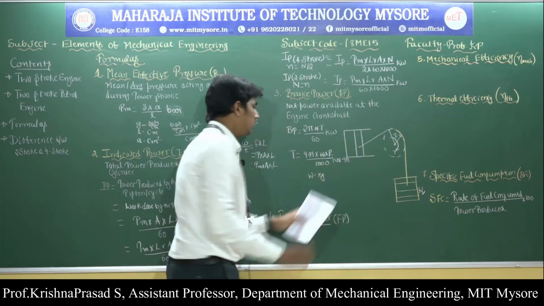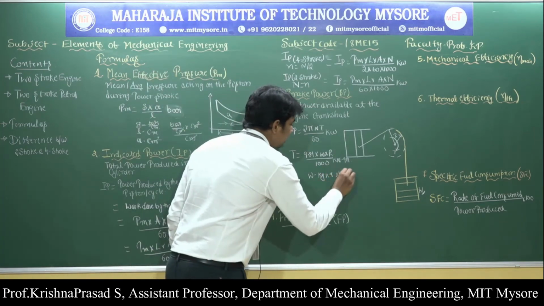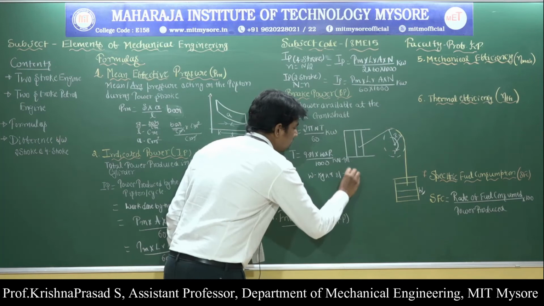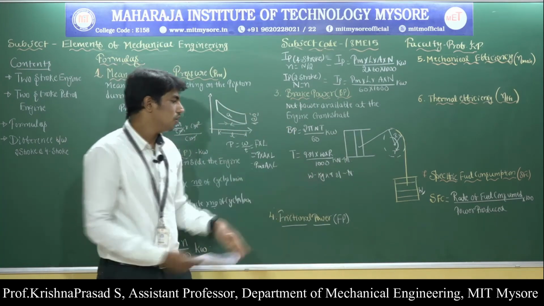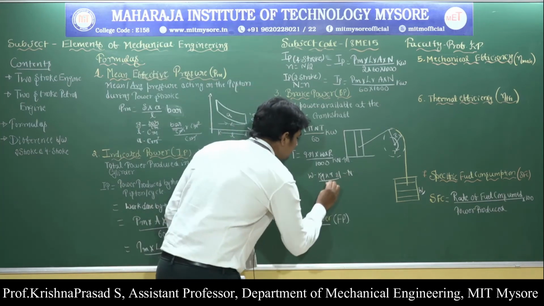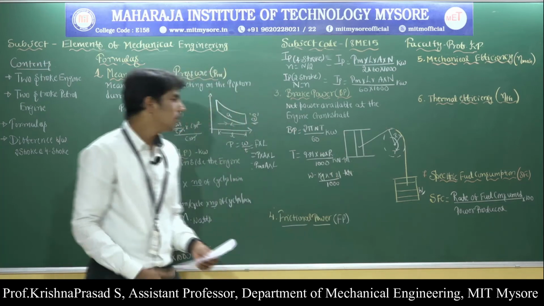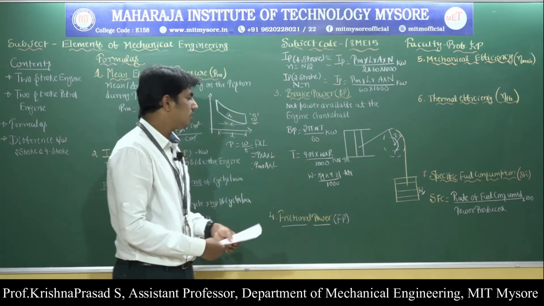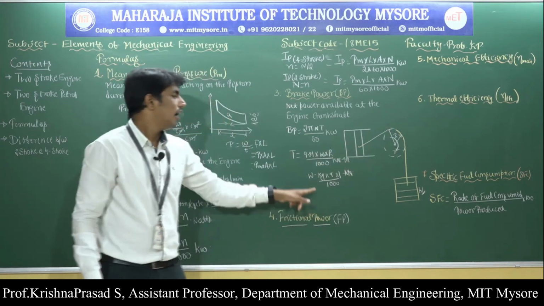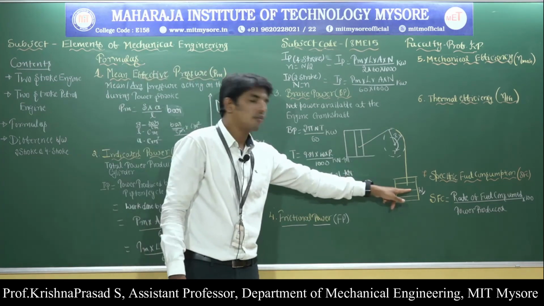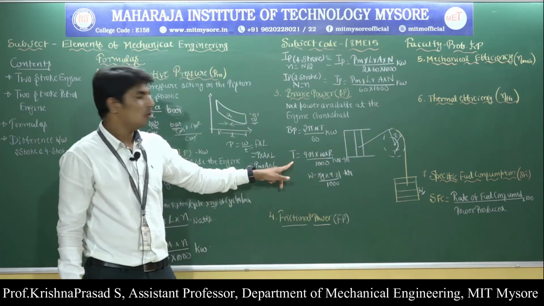In order to convert kg into Newton, we multiply with 9.81, then it becomes Newton. Then dividing by 1000, it becomes kilonewton. Once we calculate the torque by knowing the radius of the brake drum and the amount of weight applied at the pan, then we know what is meant by T.